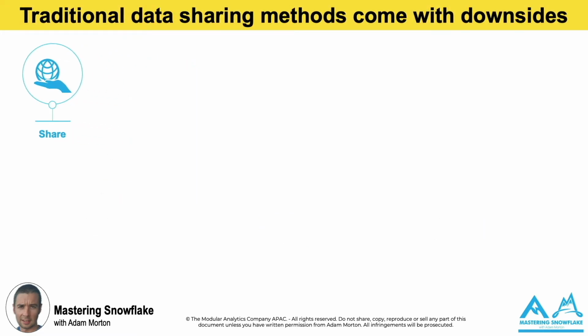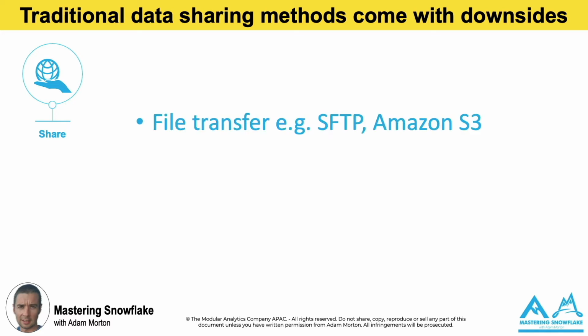Now, traditional data sharing methods come with certain downsides. Lots of companies offer file transfer via SFTP or Amazon S3, for example. And the downside here is you have to do all of the work.